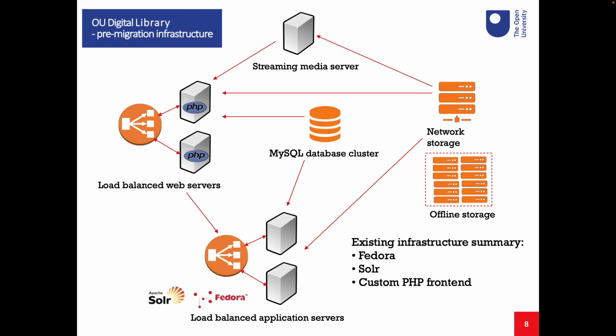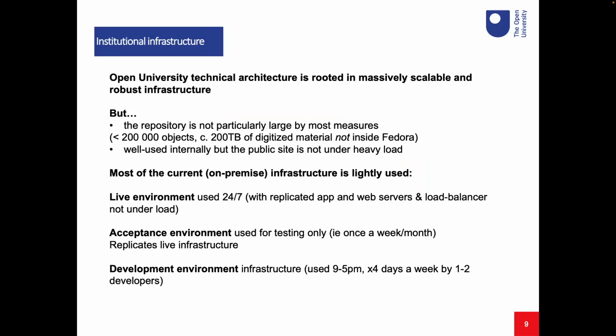And our infrastructure summary is really that we're Fedora-based, but we have a custom PHP front end, and we have a heavily customized Solr install. So this is a bit like Blacklight to aid with the search and findability.